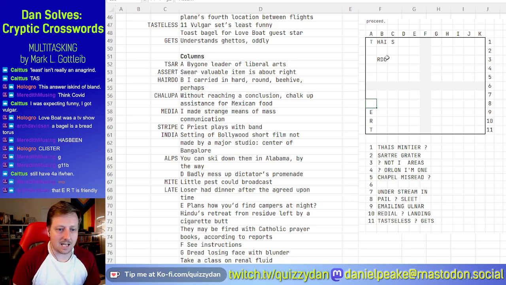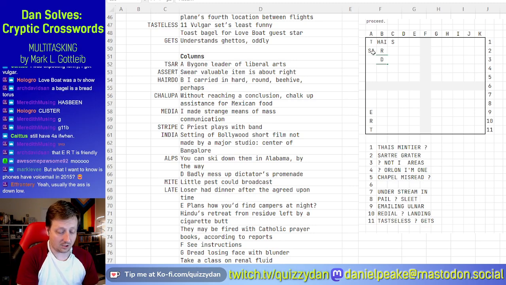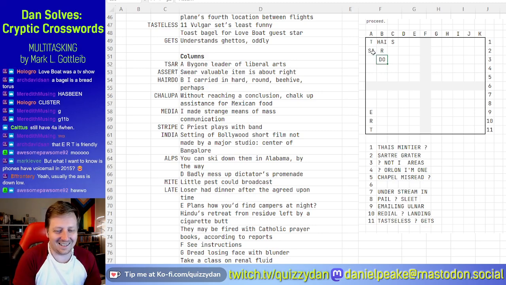And then we have hairdo chalupa. It could be an R here, because if you put the SA there, then the R could go there.